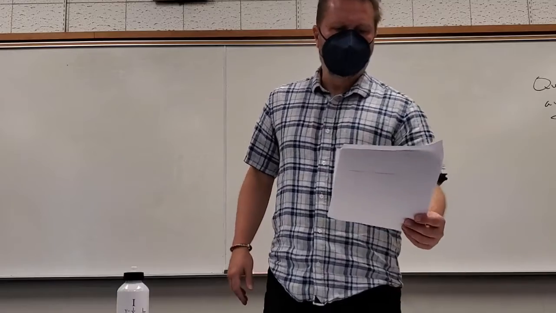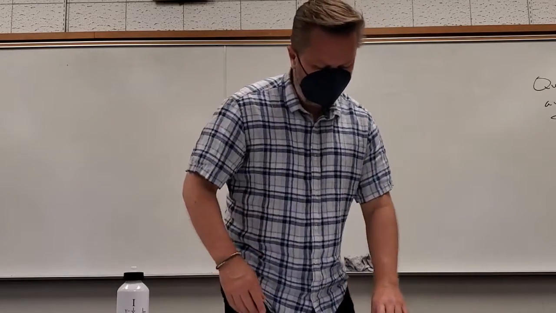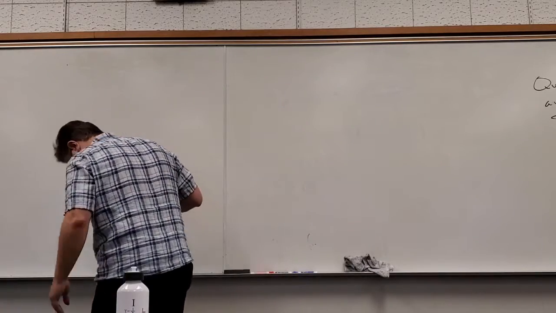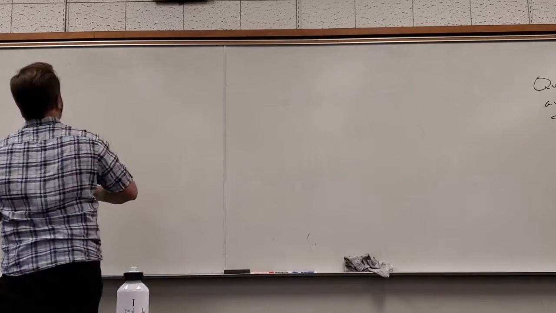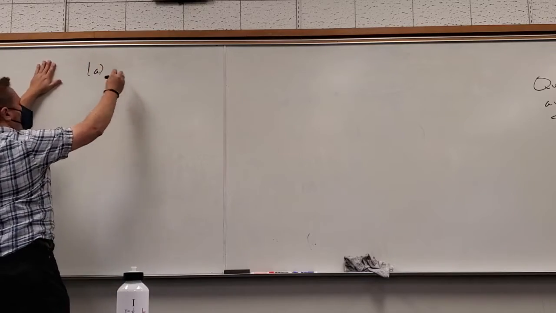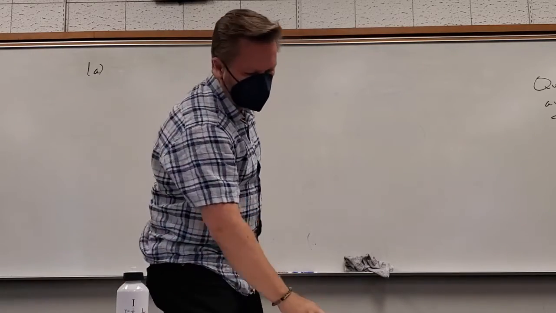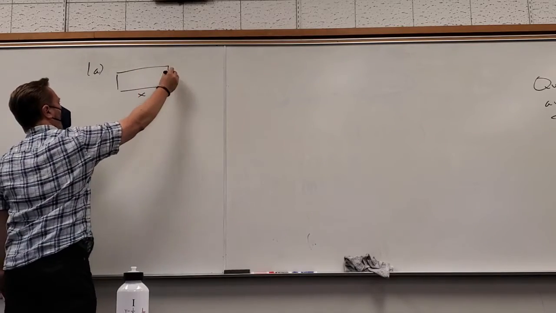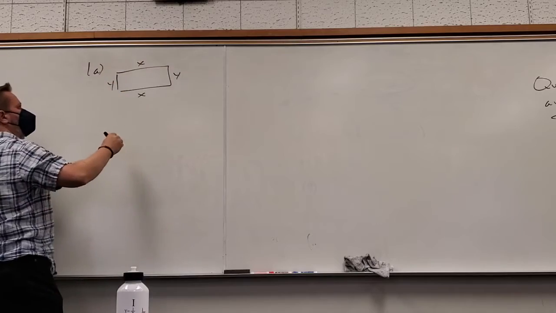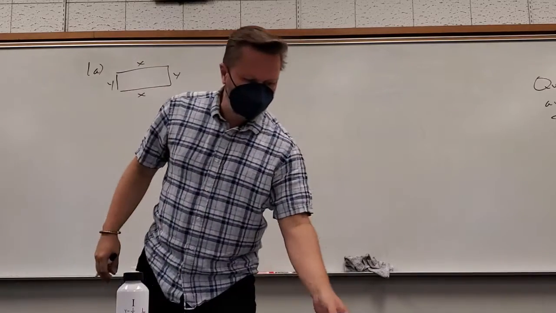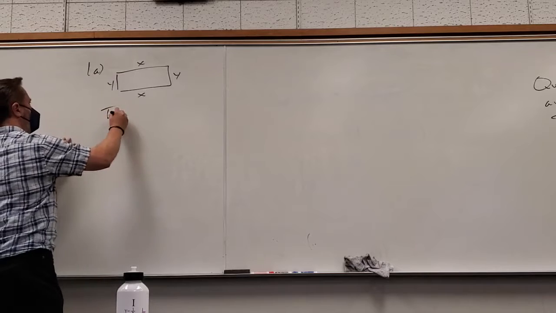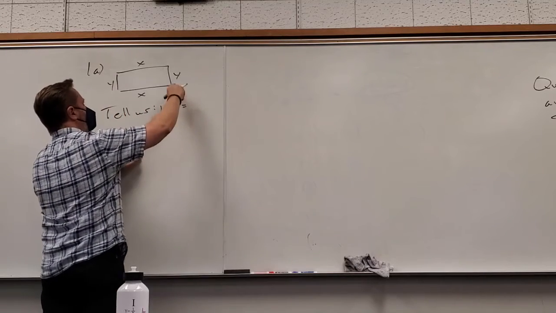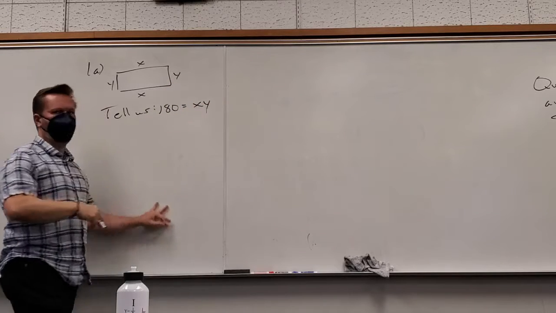Okay. Let me try to get us back to where we were. 1A, we set up the rectangle, and then we identified variables, and it told us the area is 180 square feet, so that's the equation that they tell us.